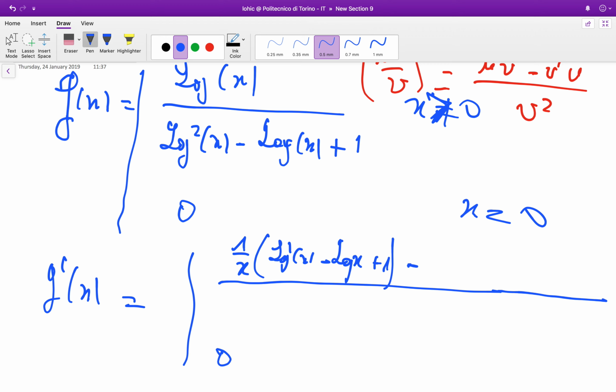I repeat that the formula is that if you have u to the power n, the derivative is n times u prime times u to the power n minus 1, right? So the derivative of log square will be 2 multiplied by u prime, which is 1 over x, so it will give you 2 over x, multiplied by u, which is log of x, to the power 2 minus 1, so it gives you like this.